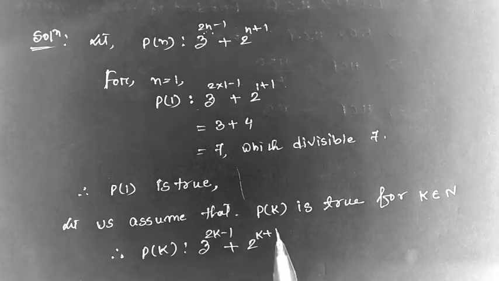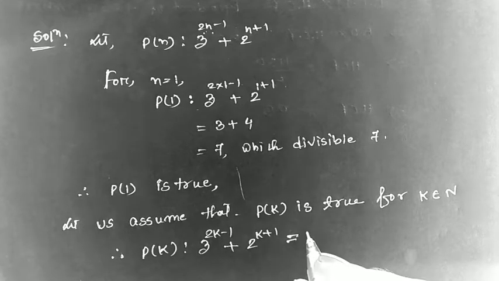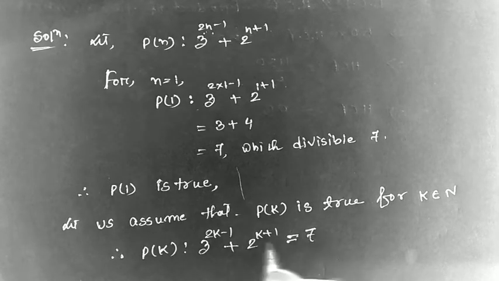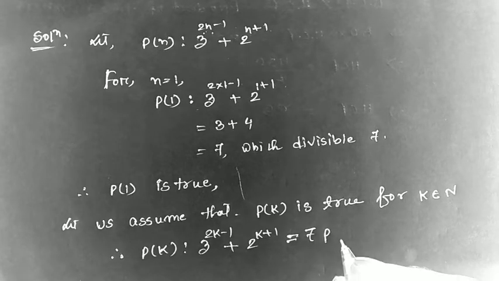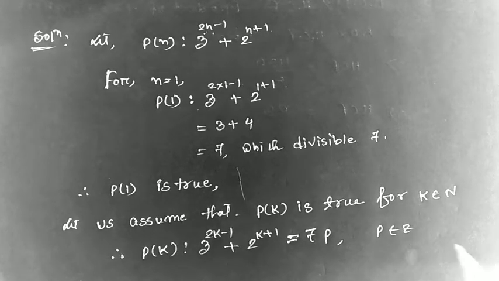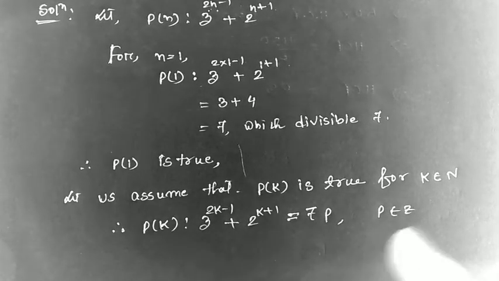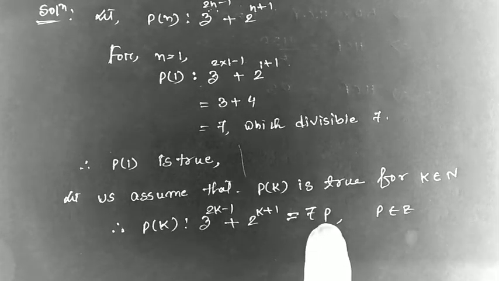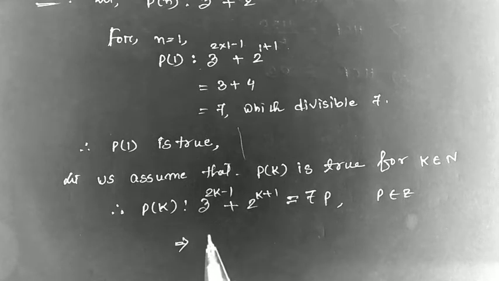Since it is divisible by 7, we have to multiply 7 with some number. Suppose I am taking the same number p, where p belongs to Z. P is some integer. So when we divide something by 7, we get some integer, and that integer is taken as p. So what was the trick?